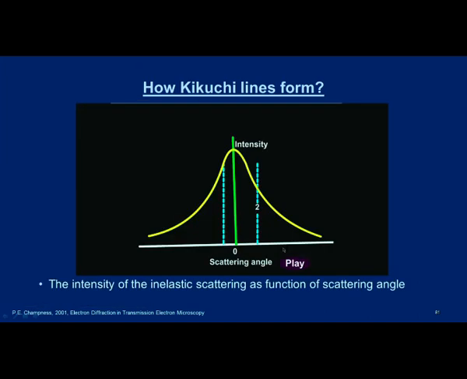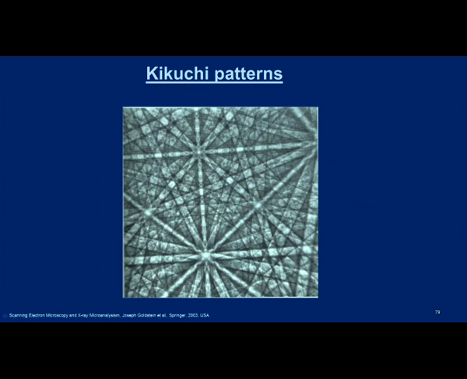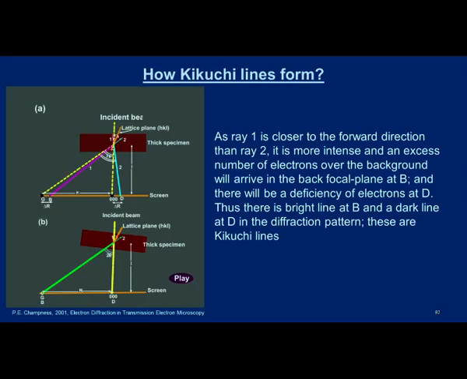Go back and look at this pattern again: a bright and a dark parallel line is coming because of this diffraction effect. We will understand this a little more now.